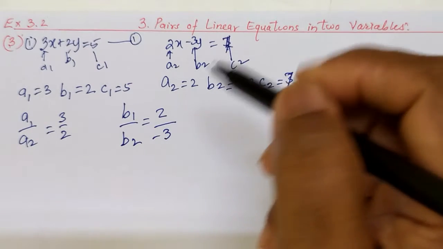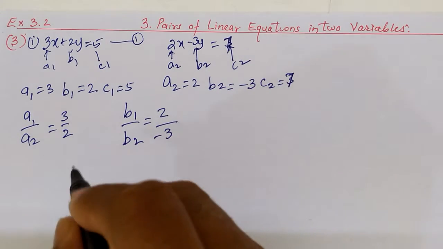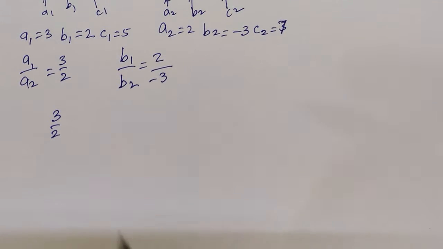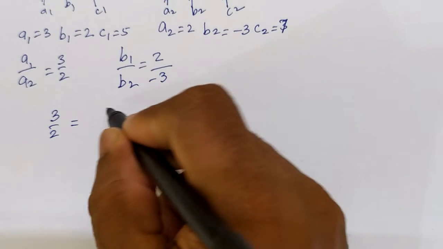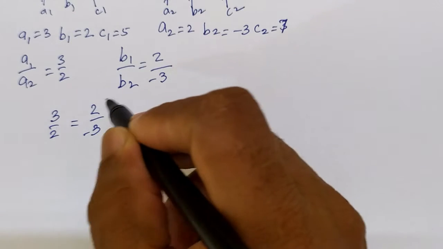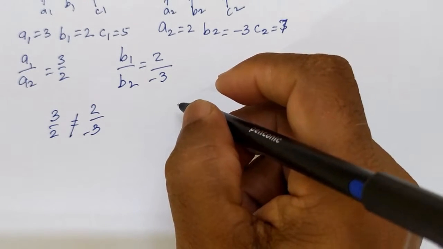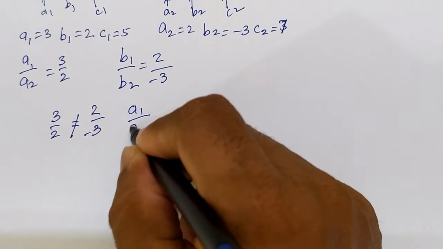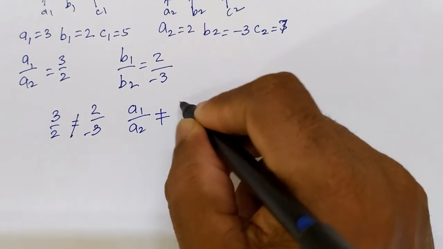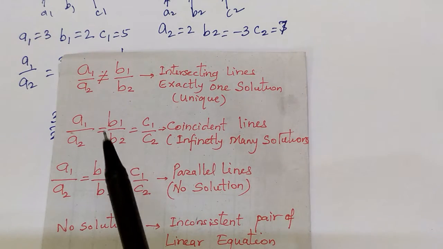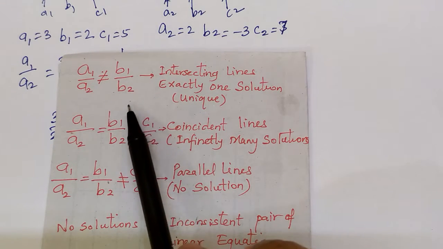This is 3 upon 2 and this is 2 upon minus 3. As they are not equal, we will convert this into not equal to. So A1 upon A2 is not equal to B1 upon B2.